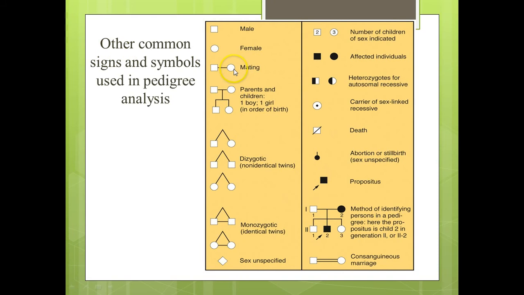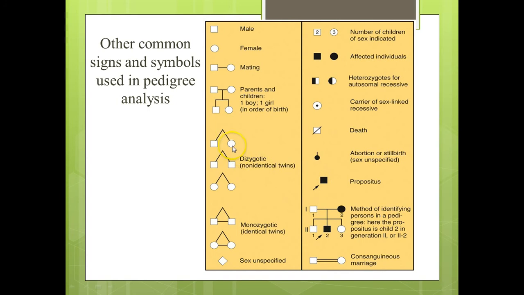A line drawn between a male and a female means that those individuals have mated and had offspring. To show the offspring, you draw a line down from that mating line, and then you spread that line out to indicate the number of offspring that those 2 parents have had. You put the offspring in birth order, so if you have boy, boy, boy, girl, you would see square, square, square, circle.